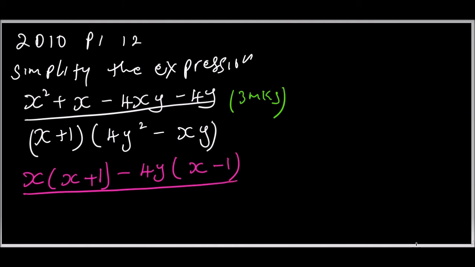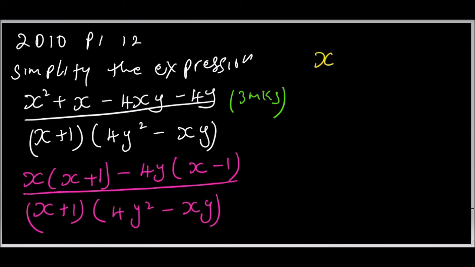You divide by x plus 1, and 4y squared minus xy. So we can now go ahead and say we combine the numerator. We factor out x minus 1, and we'll be left with x minus 4y.